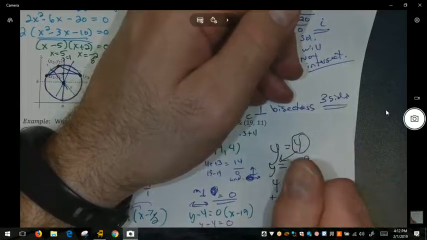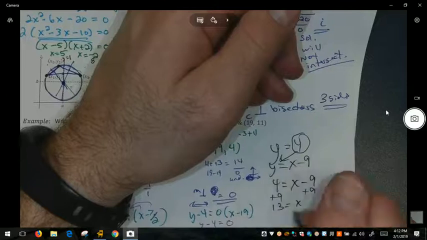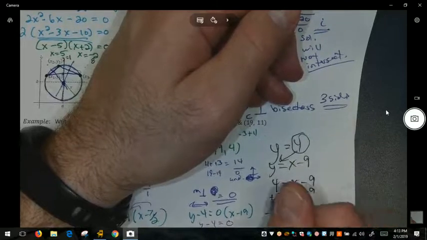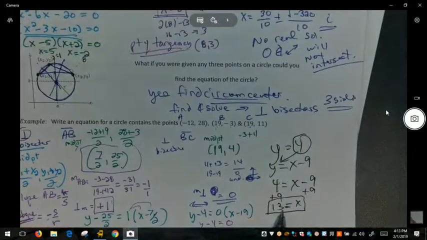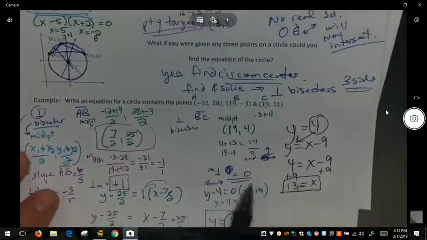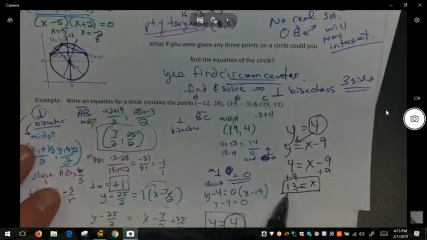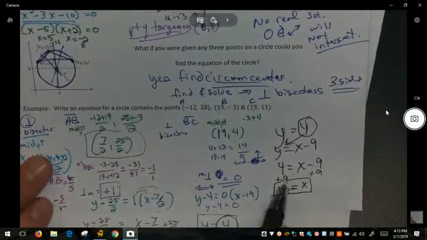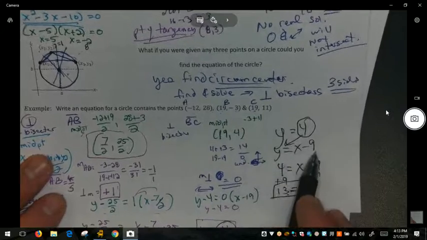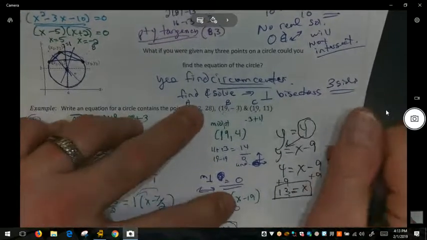Add my 9 to both sides, I now get x equals 13. So I now know the x coordinate of the center of a circle that would go through these 3 points is x equals 13. To find the y coordinate, well, we already know it, but if we didn't, I'd plug it back in. 13 minus 9 is 4.